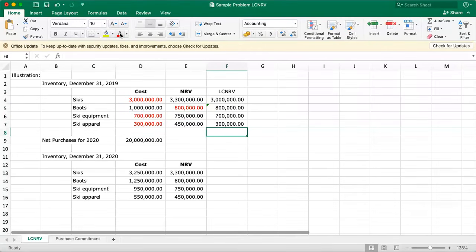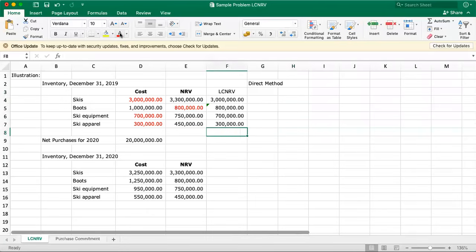Okay, if you prepare the journal entry on December 31, 2019, we have the direct method. Under the direct method, we record the inventory directly at the lower between the cost or net realizable value.